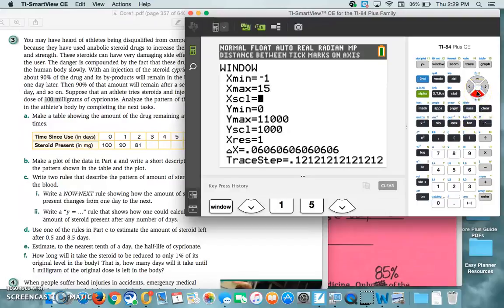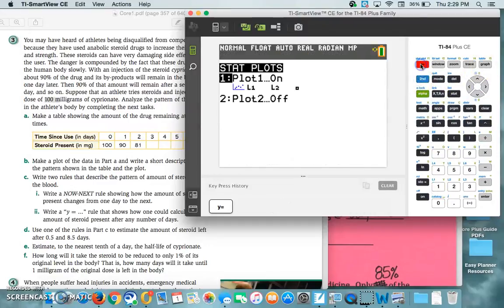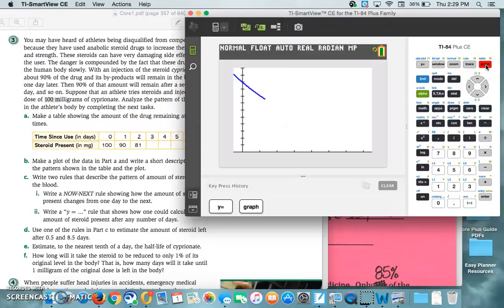The y min can be 0, and the maximum 120, counting by 10. If I turn on my stat plot, second stat plot, it's on, so we're good to go. Then I push graph, and that is the decay curve for this anabolic steroid use.